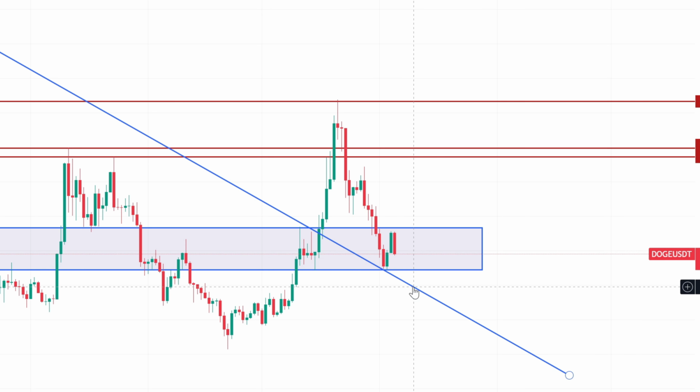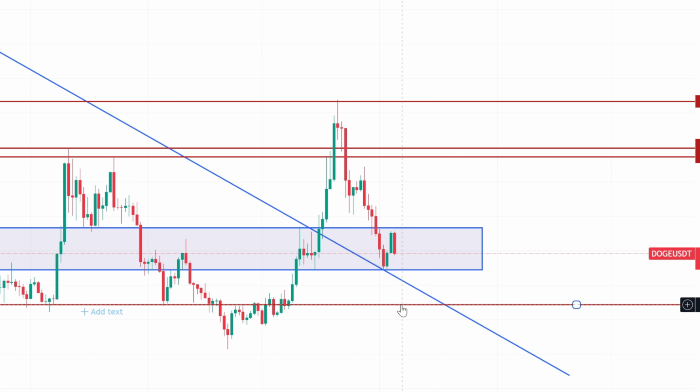But right now let's first look into the next downside targets, because you know that altcoins tend to correct more than Bitcoin. Then I would have a look into this support level. This would be the next support level in case we break to the downside.